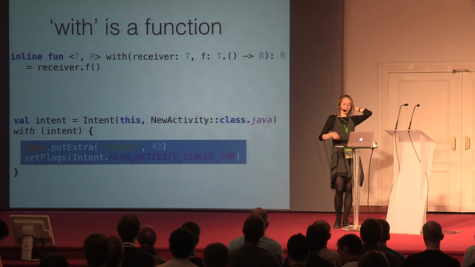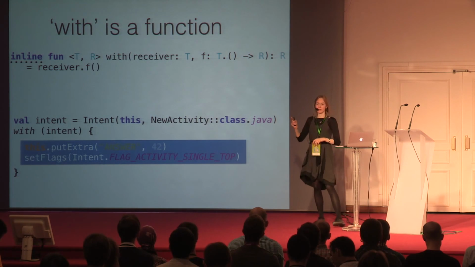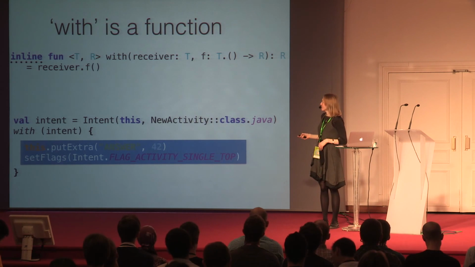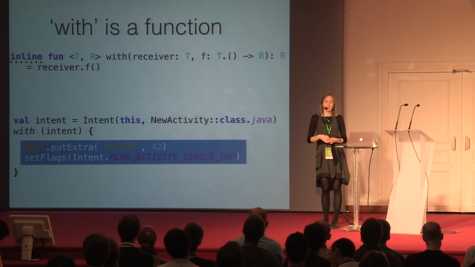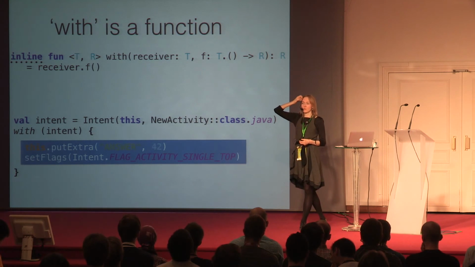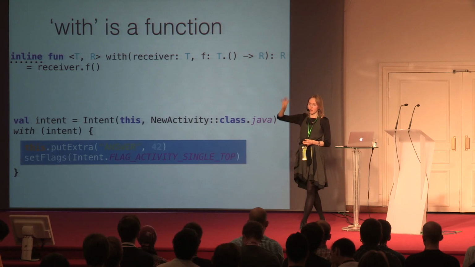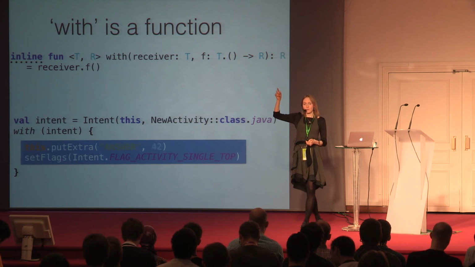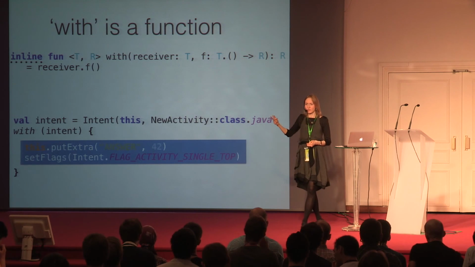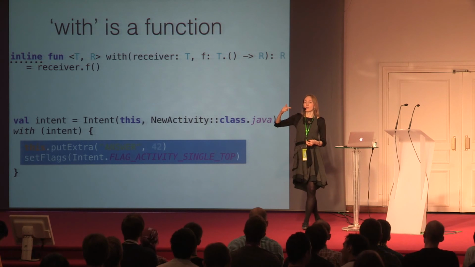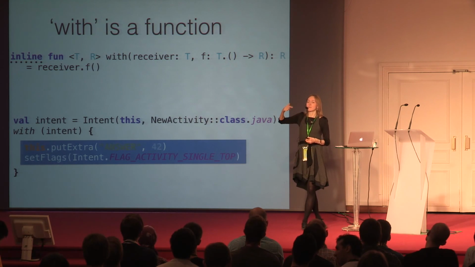Okay, so I think my time is over. I wanted to mention another thing. This with function is declared as inline, and it is important because, as we saw in the beginning of the talk, this filter example, filter map, and so on. You can imagine that if you create all these lambdas in your code, it would be a disaster for Android, because of how these lambdas are implemented.